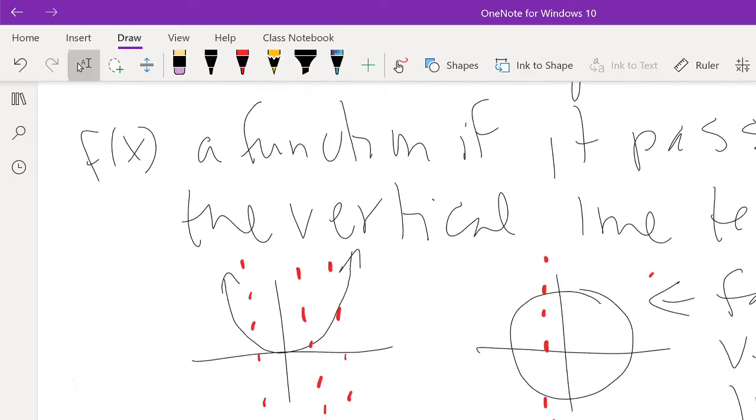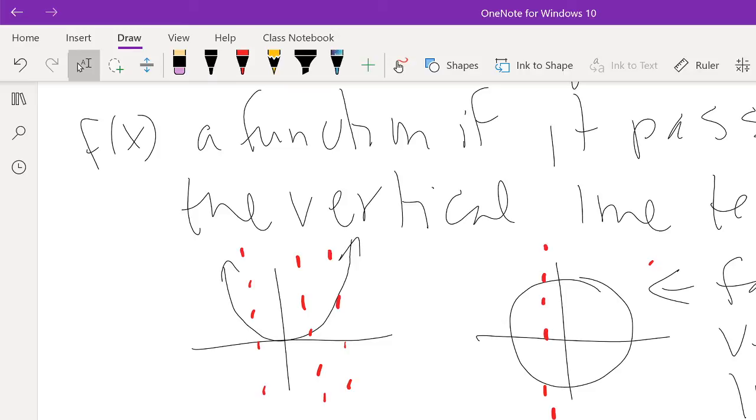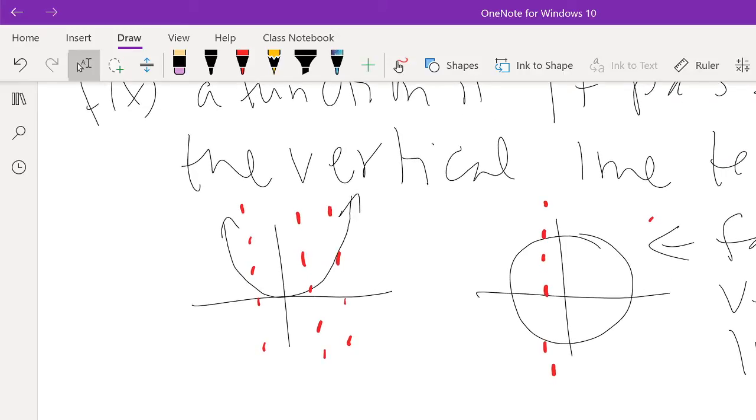So now, in order for it to be a one-to-one function, it must first be a function. So it must pass the vertical line test, but a one-to-one function has an additional condition.